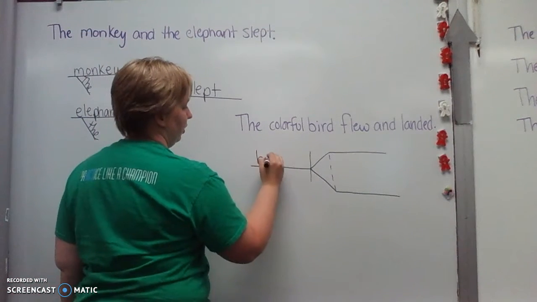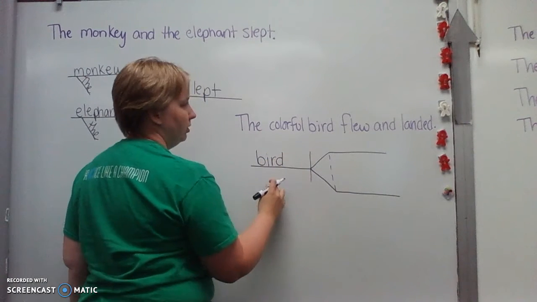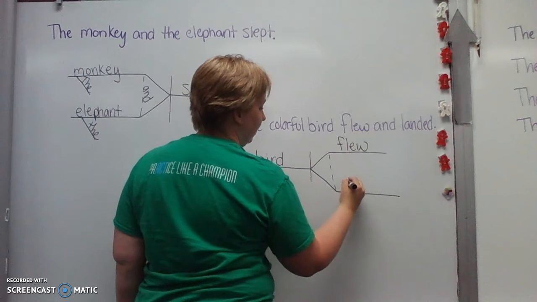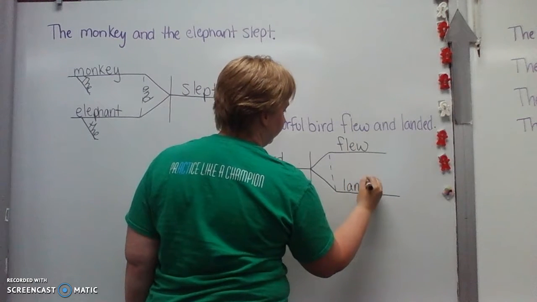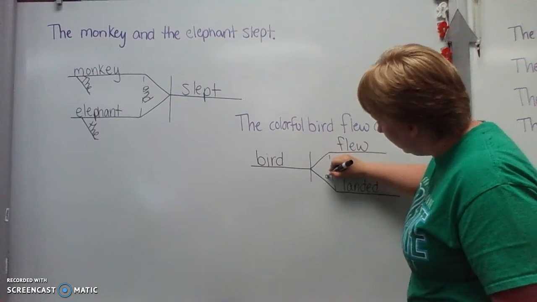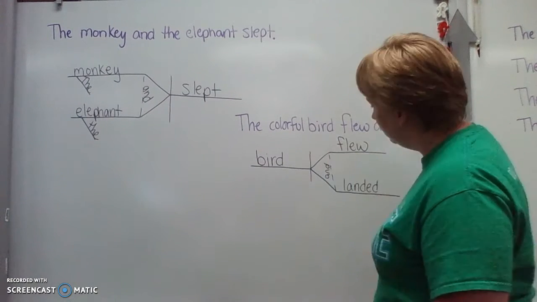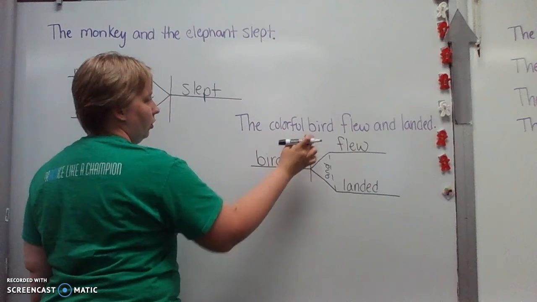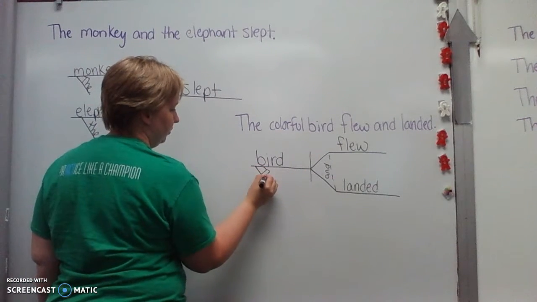So I need to put bird in my subject spot. The bird did what? It flew, so that goes on top. And landed goes on the bottom. Our conjunction goes in the middle, and then we fill in our modifiers. So the and colorful, both describing bird.